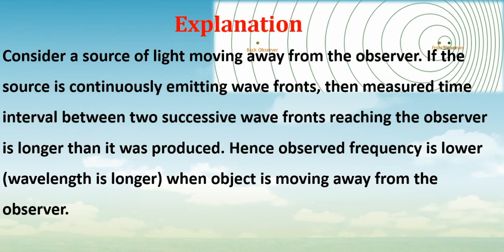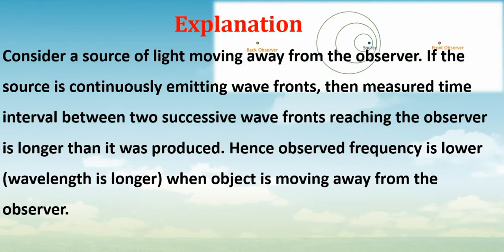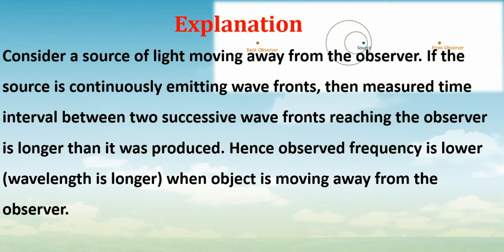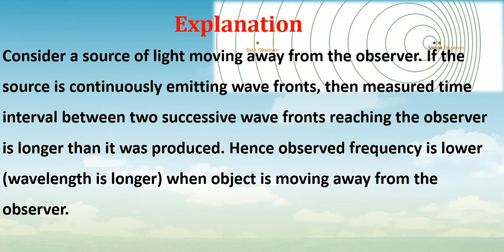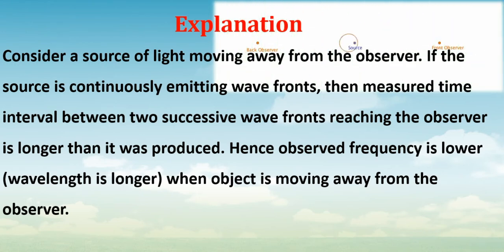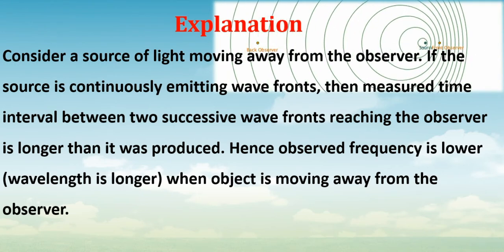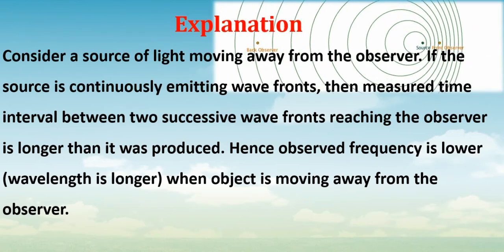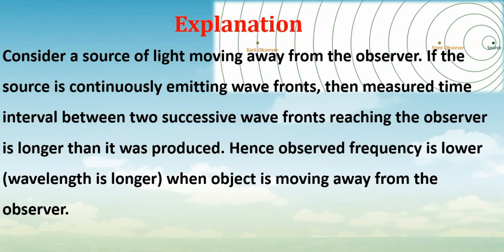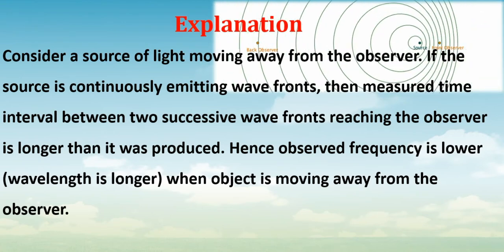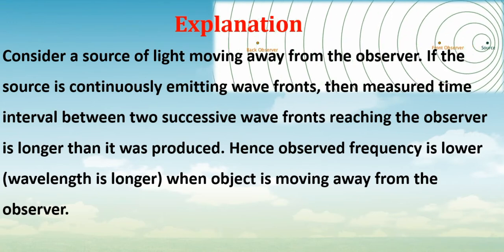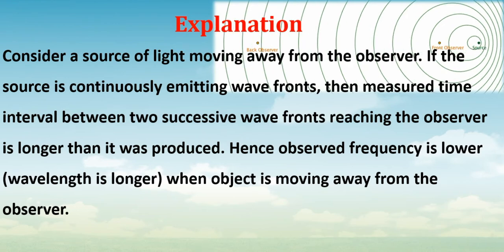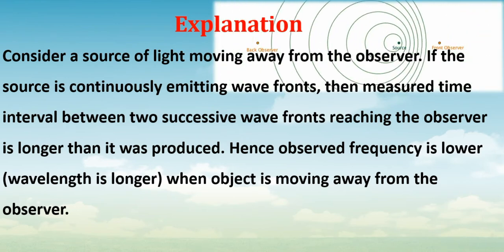So, as a whole, the time interval between the two wavefronts at the source is shorter than the time interval between the two wavefronts as measured by the observer. So the observation is that the time interval between the two wavefronts was longer when they reached the observer.